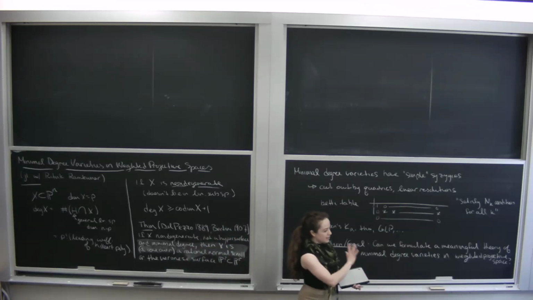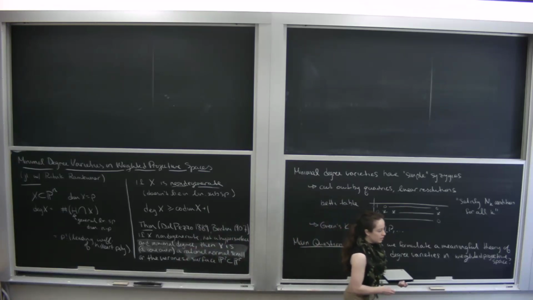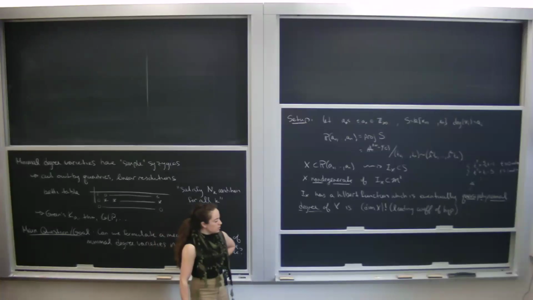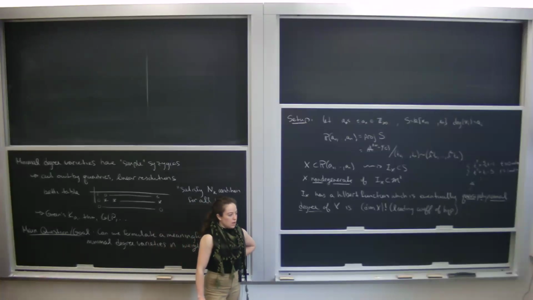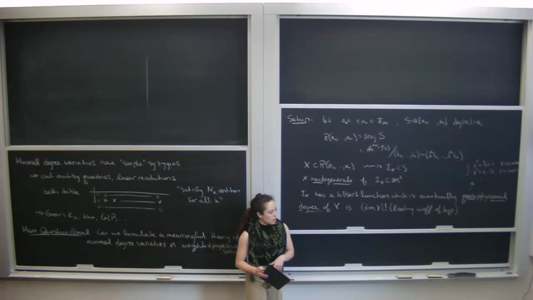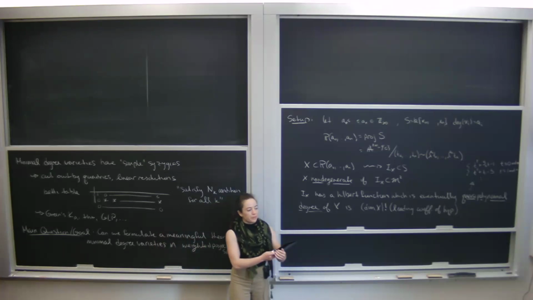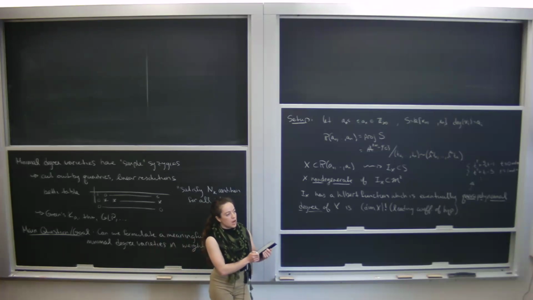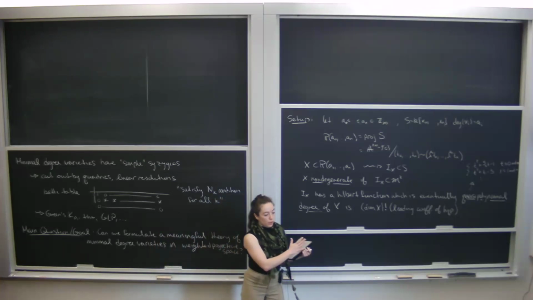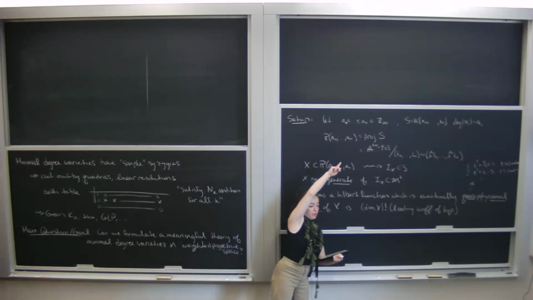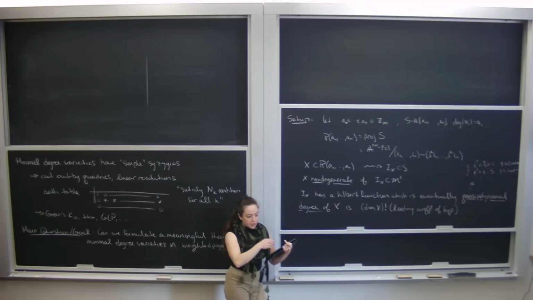Other questions about our setup? Is this equivalent to an intersection theory kind of computation? I want to say yes and no. There's a big problem, which is that these are not smooth, and so if you have an intersection in the singular locus, then you have to deal with that.